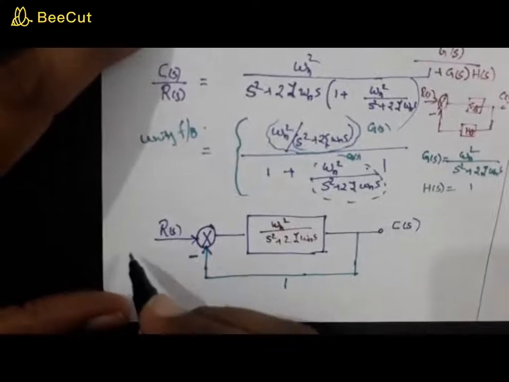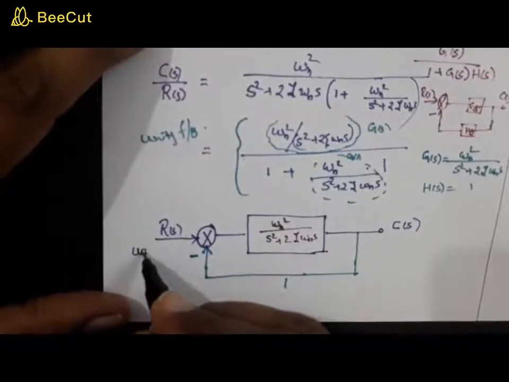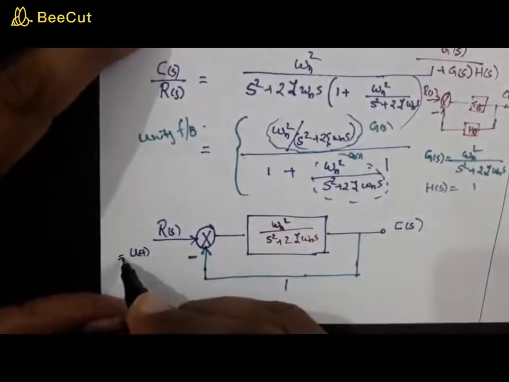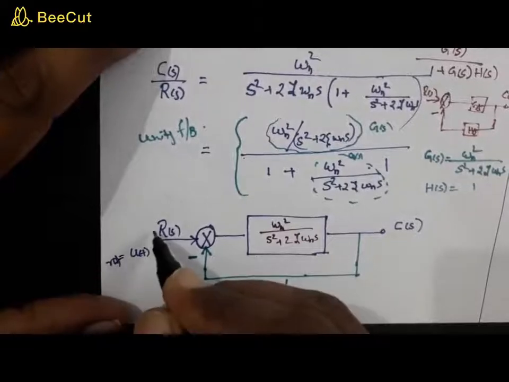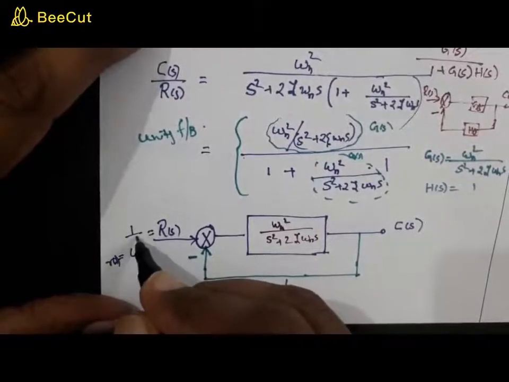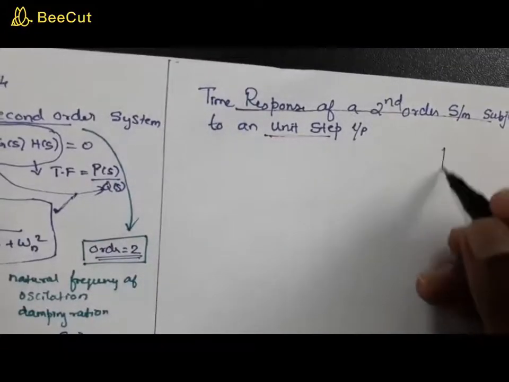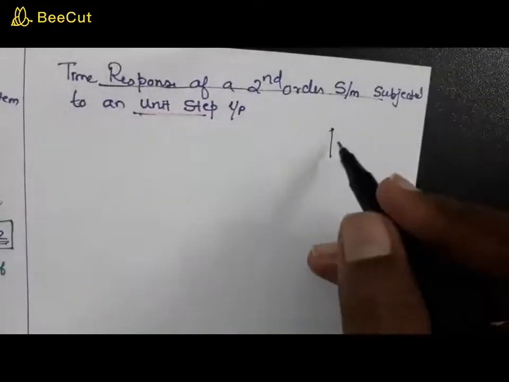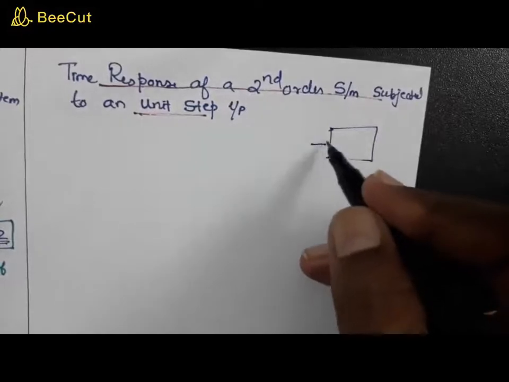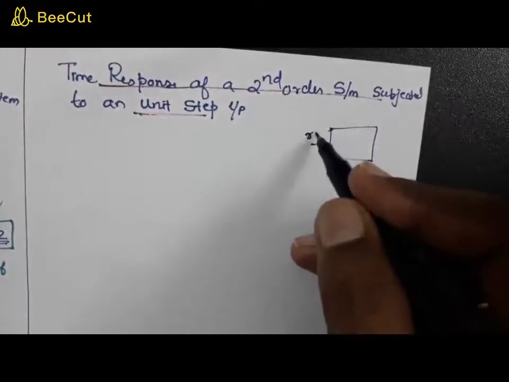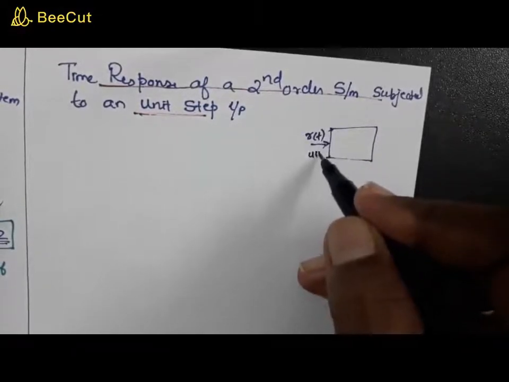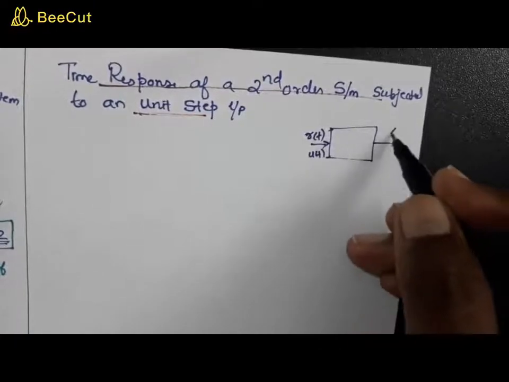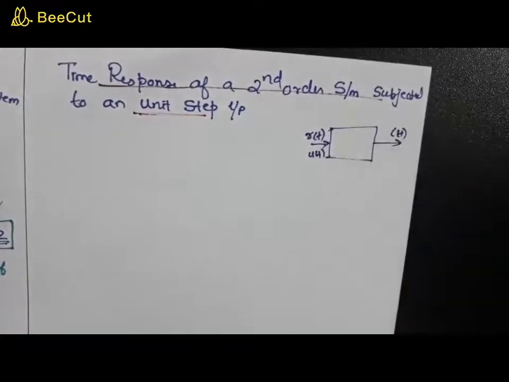That means you're giving a unit step input, that is your r(t) is equal to u(t), meaning R(s) has to be 1 by s. If you consider this as a single block diagram, what you are going to give to the second order system is r(t) or u(t), and you're going to find out your response c(t).